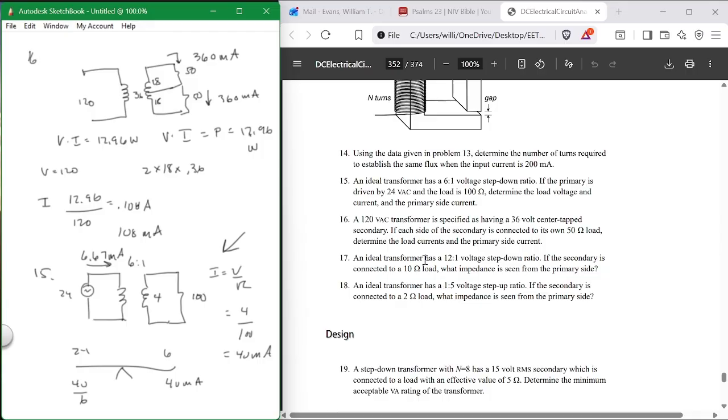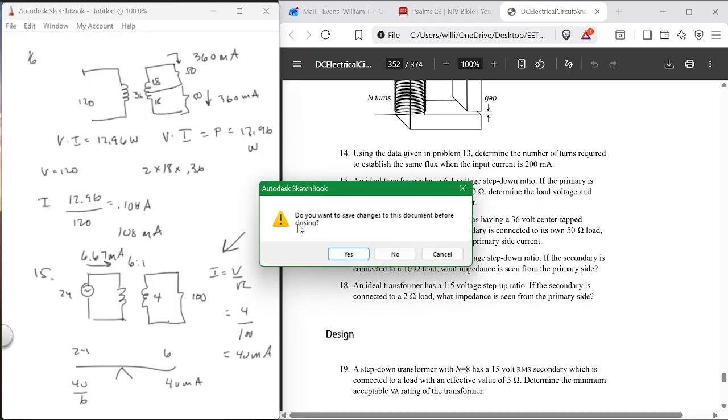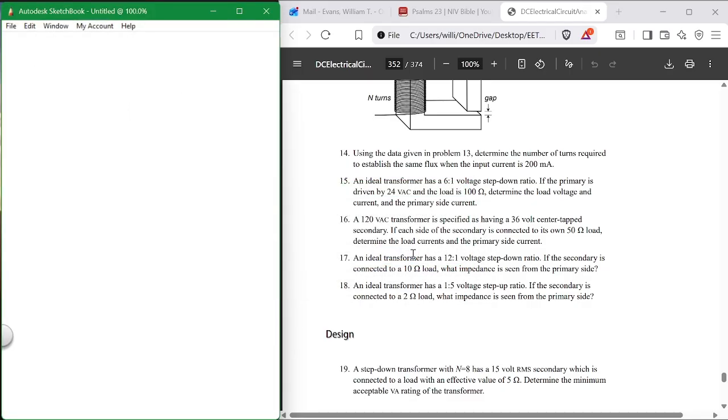All you've got to do is put a supply in there, and then you can find it. So basically assume something like 10 volts primary.